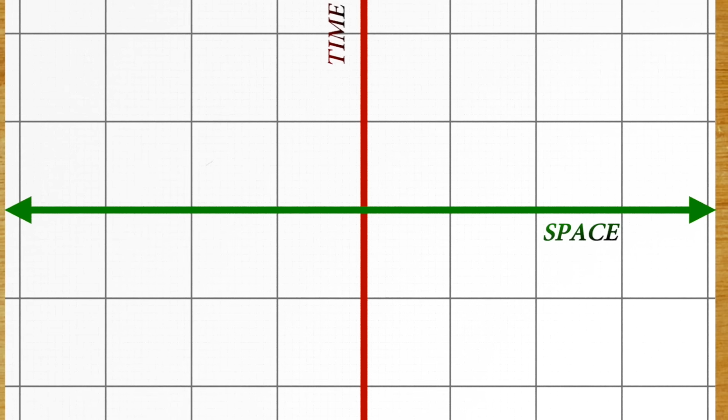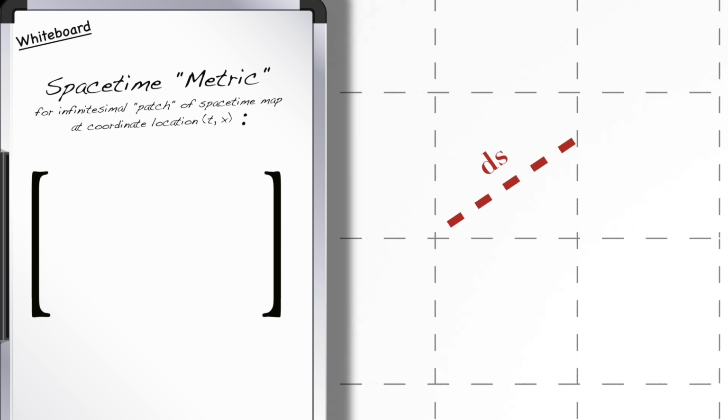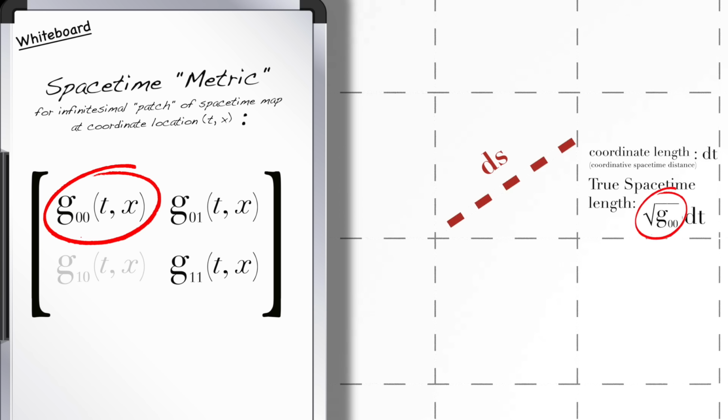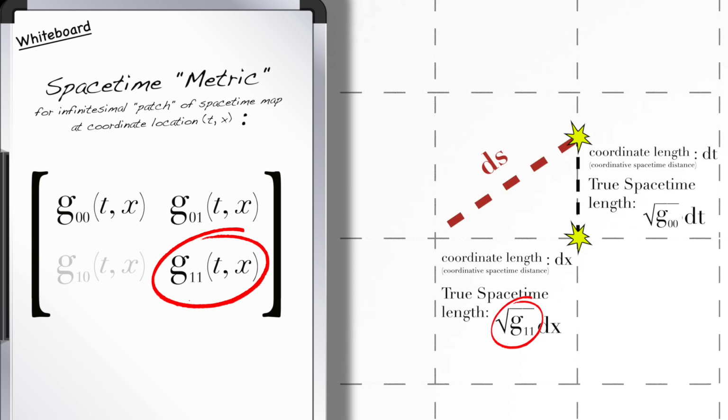Thus, for a simplified two-dimensional map of spacetime, the metric tensor would have three components. The first would indicate to us the true spacetime distance between the world events defining the span of the coordinative dt interval. The second would indicate the true spacetime distance between the world events defining the span of the coordinative dx interval.